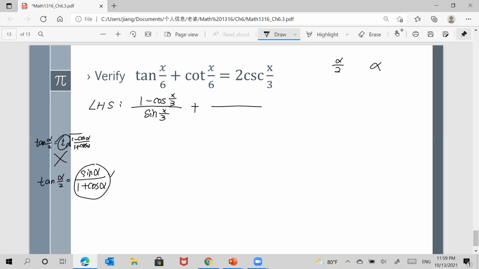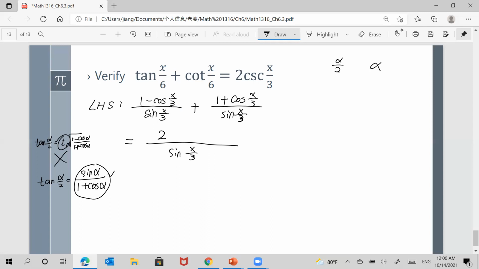I flip this one, so cotangent: the top is sine of 2 times x over 6, which is sine x over 3, and the bottom is 1 plus cosine of 2 times x over 6, which is x over 3. Oh, I forgot, here's 3. Okay, they have the same bottom, sine x over 3. Add the tops together: 1 plus 1 is 2, minus cosine x over 3 plus cosine x over 3, that's 0.